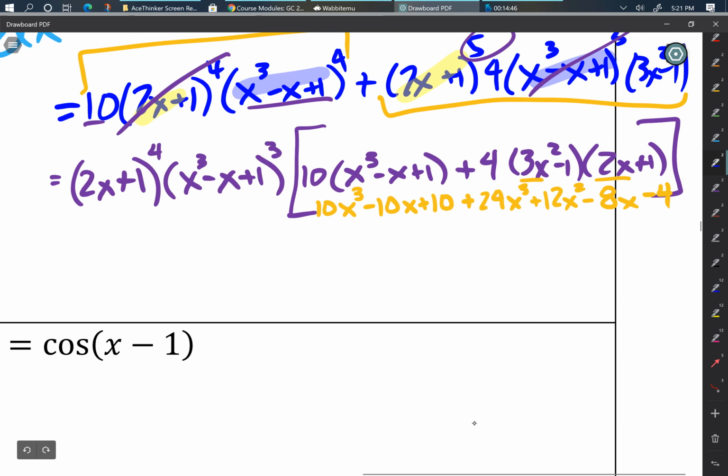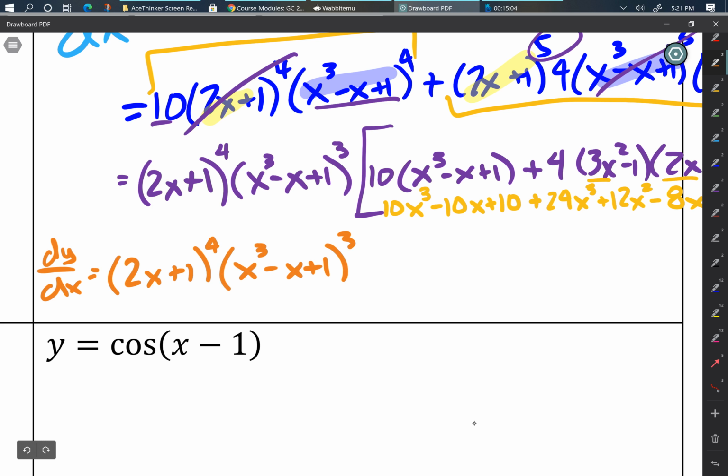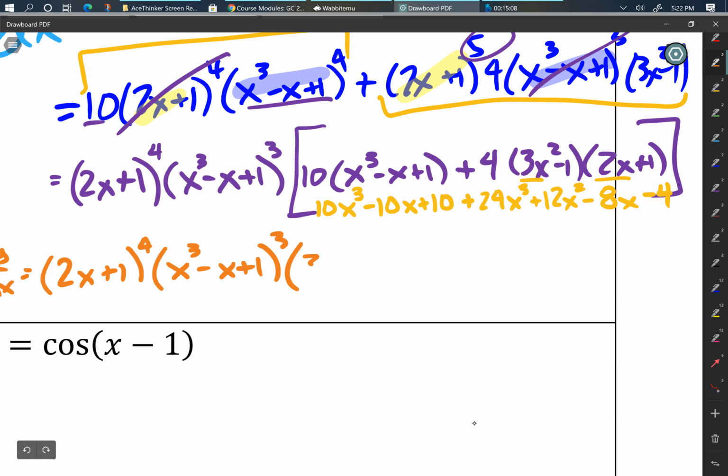Okay, so dy dx, my derivative, is going to be (2x plus 1) to the 4th times (x cubed minus x plus 1) to the third times, let's see, I've got 34x cubed.